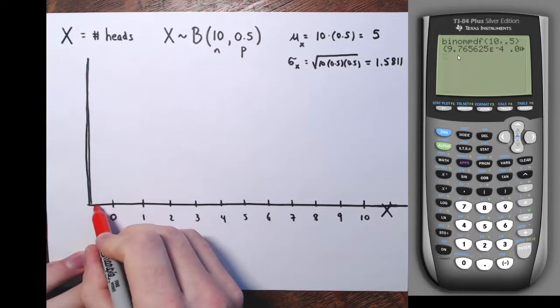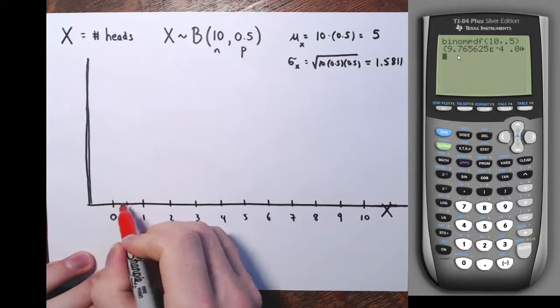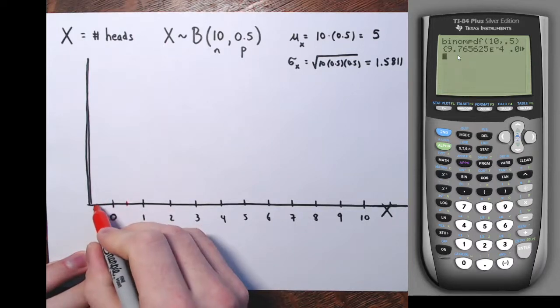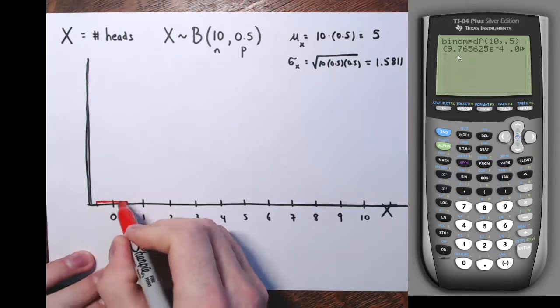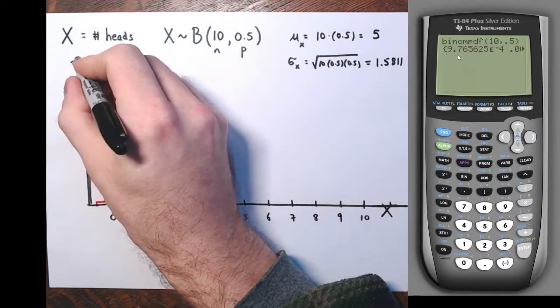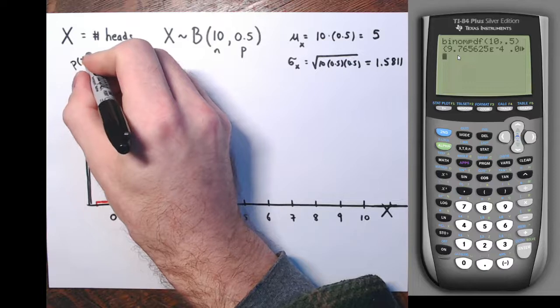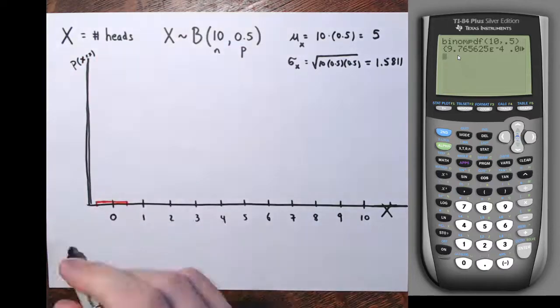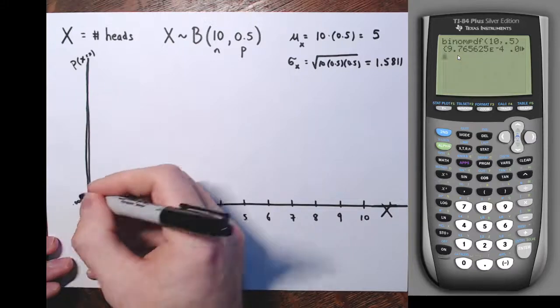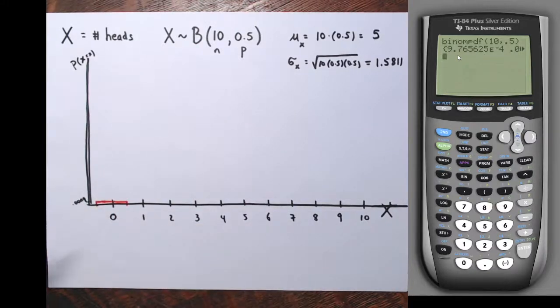The probability of getting 0 successes is 0.0009, so basically nothing. Off to the side here, I'm going to have the probabilities. So this has a height of 0.0009, a very, very short bar.